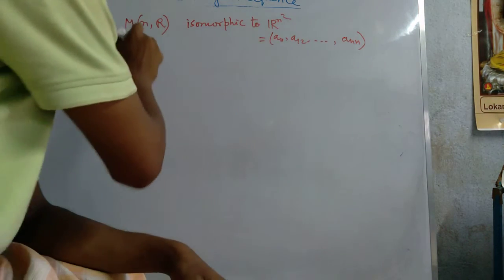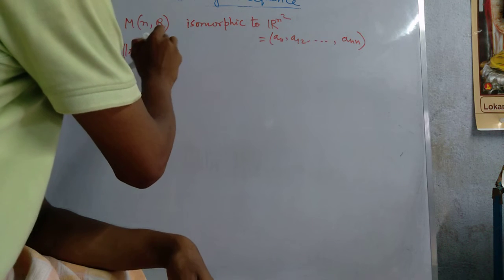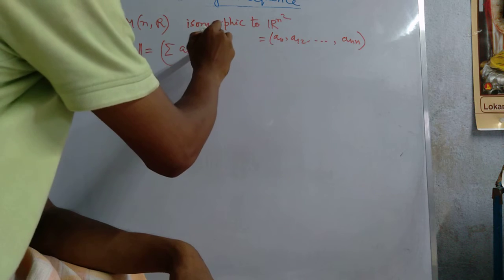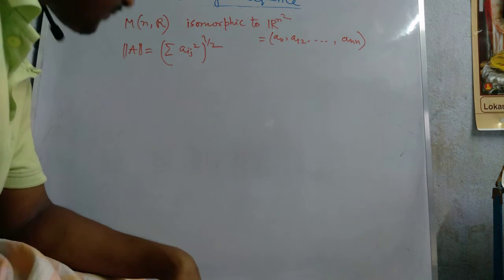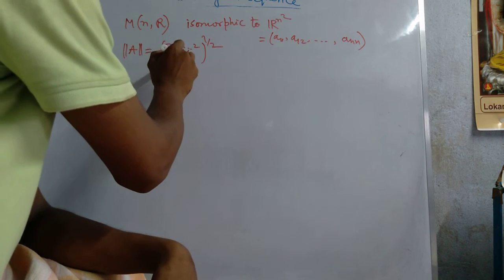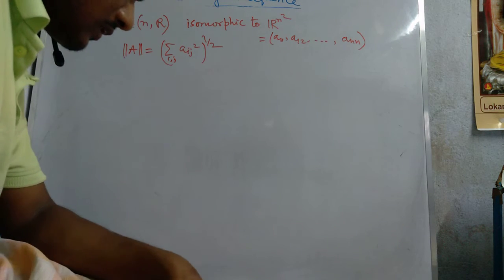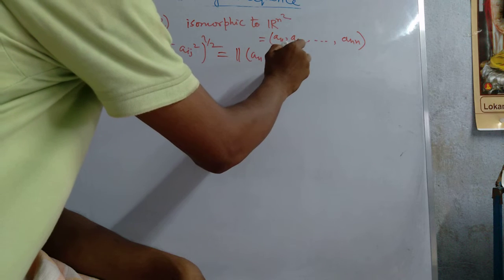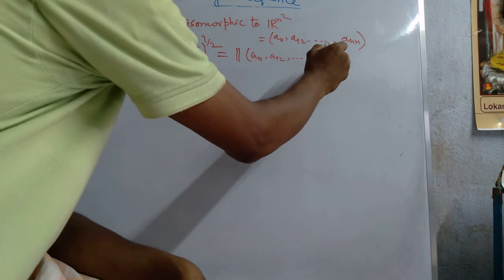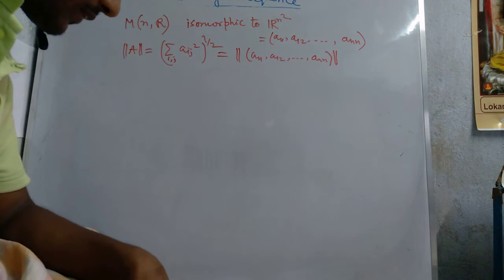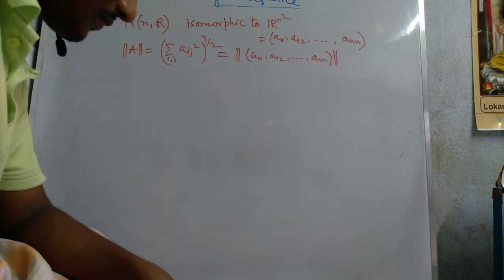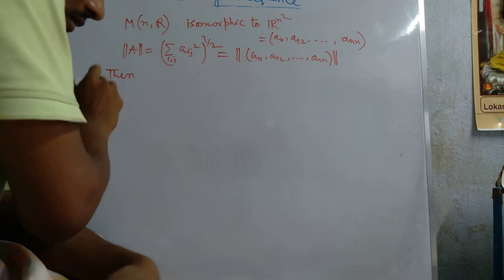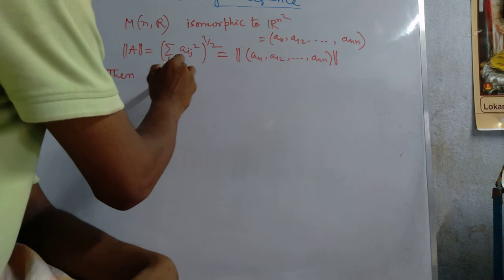Now we define this norm: the norm of A equals the summation of aij squared, the whole to the power half, which equals the norm of (a11, a12, dot dot dot, ann).